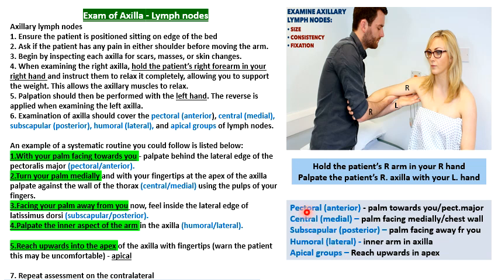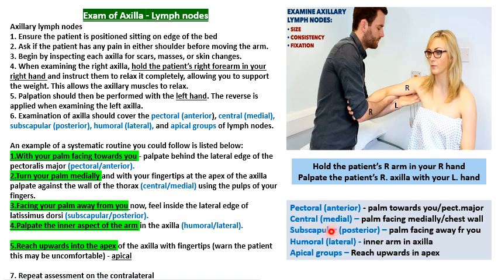So the pectoral lymph nodes or anterior group is examined with your palm facing back towards you, and you feel the inner surface of the pectoralis major. The central group of lymph nodes can be examined by the palm facing medially against the chest wall.